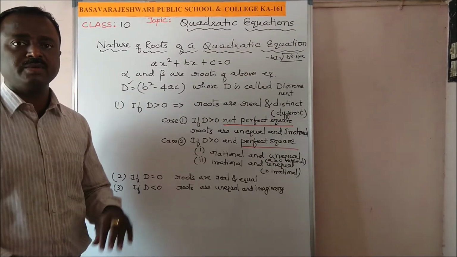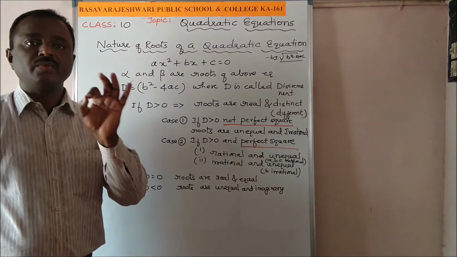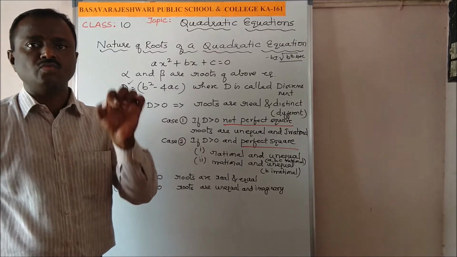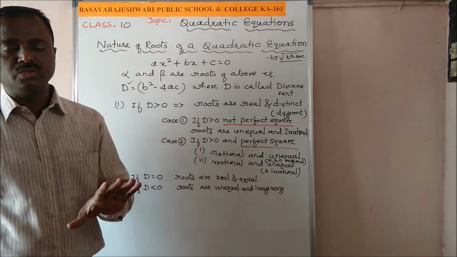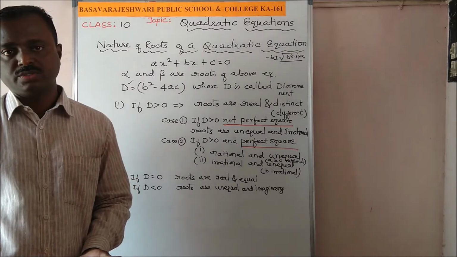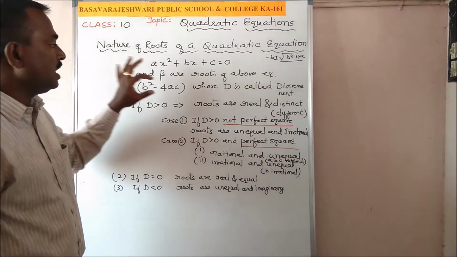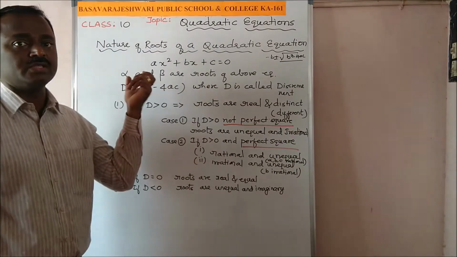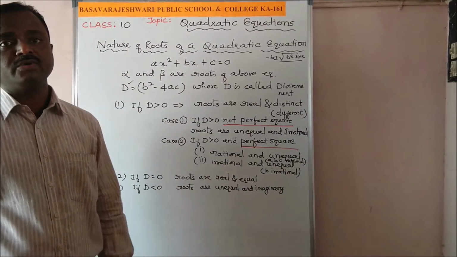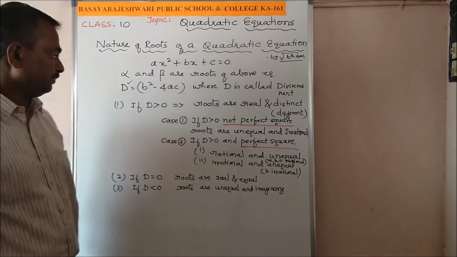What is meant by discriminant? It will decide whether the quadratic equation is having one solution or two solutions or no solutions. So therefore it is called discriminant. So D is equal to b square minus 4ac is called discriminant of quadratic equation.